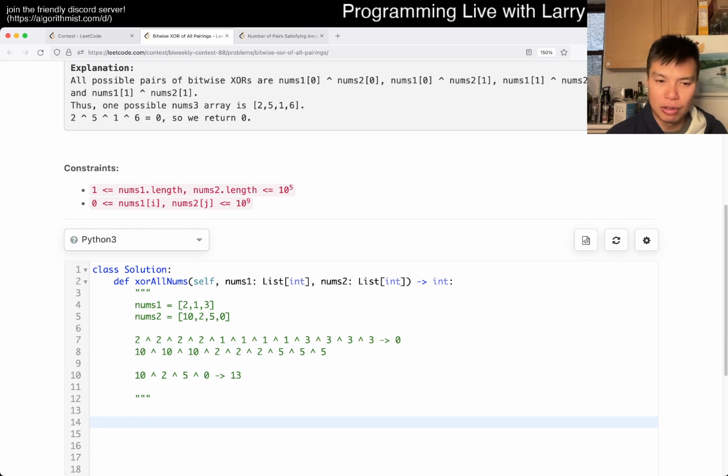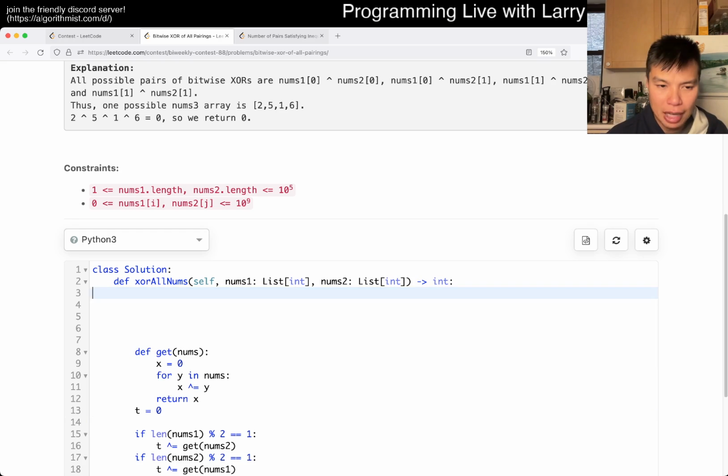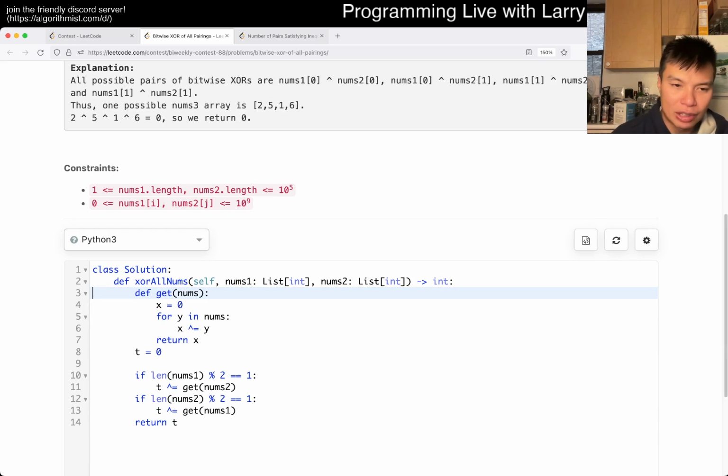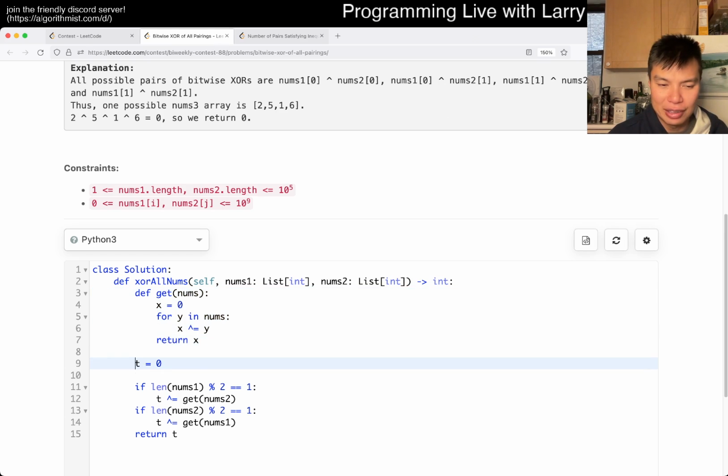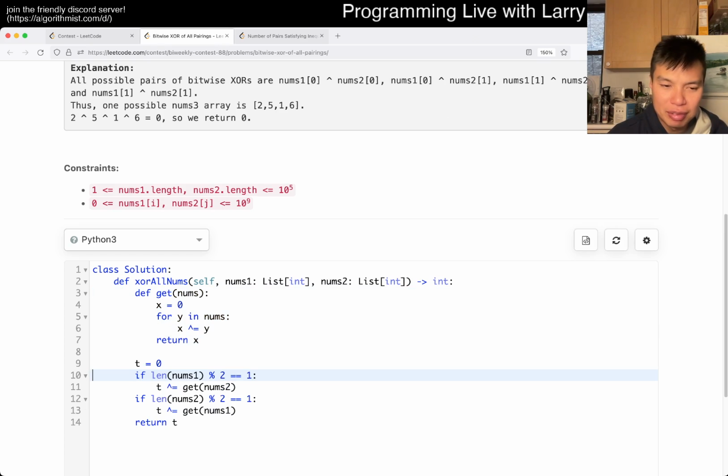And now we're just going to look at the code, right? I have a function that gets me the XOR of an array. And then I have an answer here. If the number of numbers in nums1 is odd, then we XOR it by that. If the other one is odd, then we also XOR it by that instead.